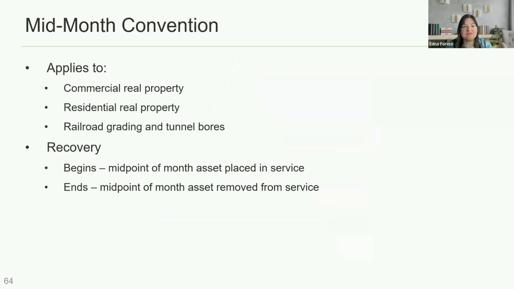For the mid-month convention, or MM, as you see there, this applies to commercial real property, residential real property, railroad grading, and tunnel bores. It also has a recovery period that begins at the midpoint of the month that it is placed in service, and then ends at the midpoint of the month it is removed from service.